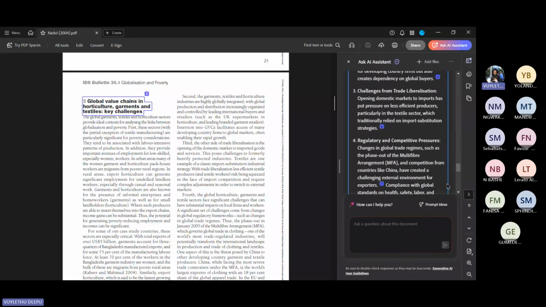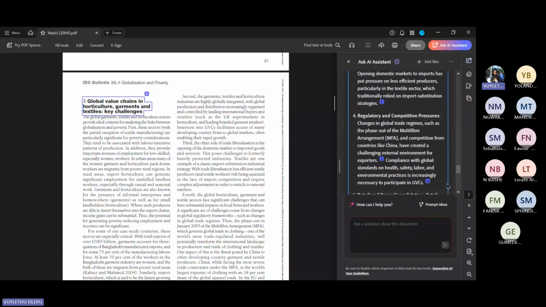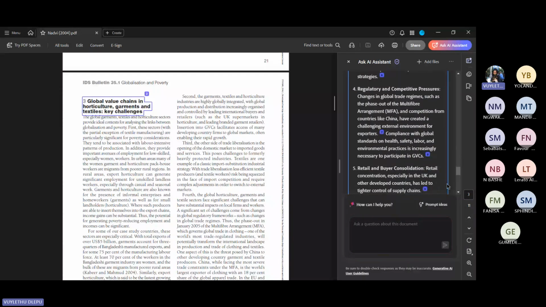And then regulatory and competitive pressures: changes in global trade regimes, such as the phase out of the multi-fiber arrangement and competition from countries like China, have created a challenging external environment for exporters. Compliance with standards on health, safety, labor, and environmental practice is increasingly necessary to participate in GVCs.